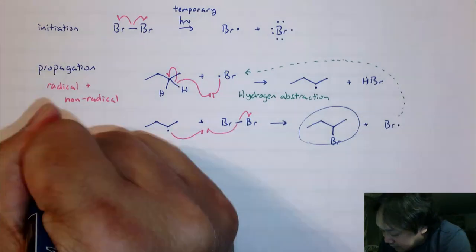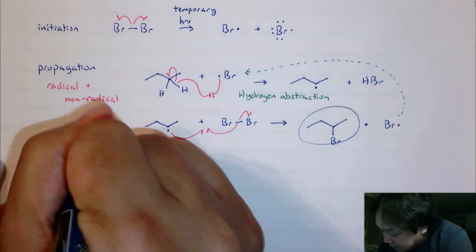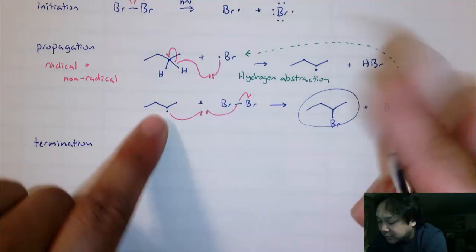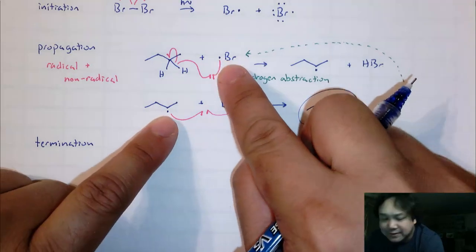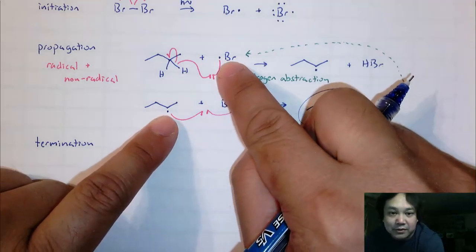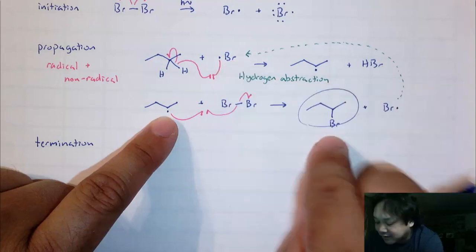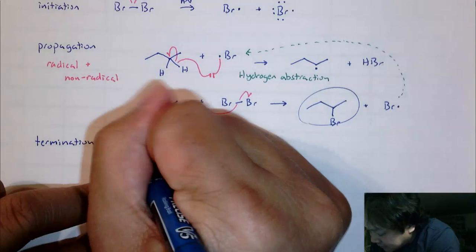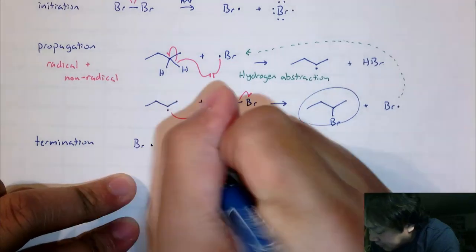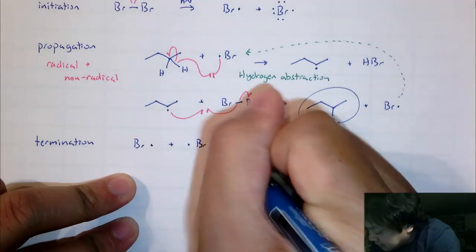Now, what would be very tempting actually is to combine these two, right? Because to most people, that seems like the most obvious way to make my product. And that's correct, that could happen. So termination is between two radicals.